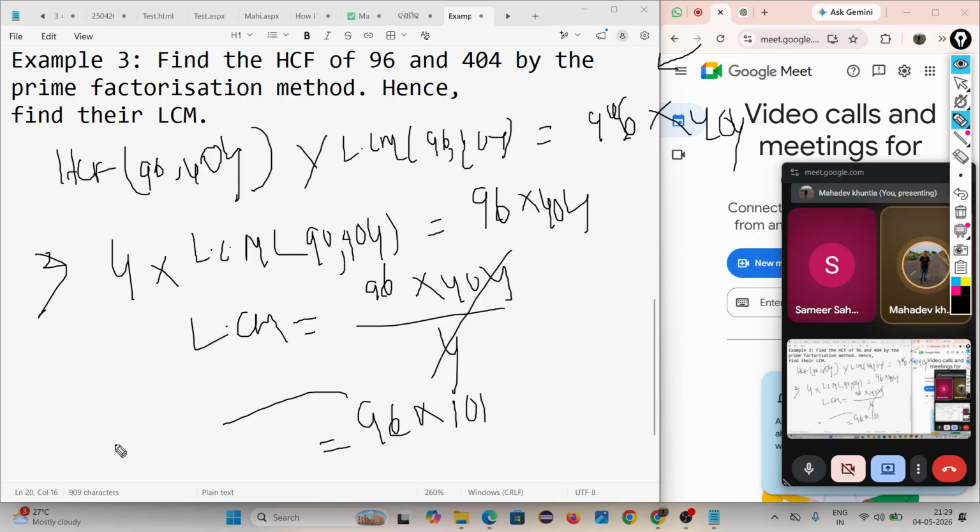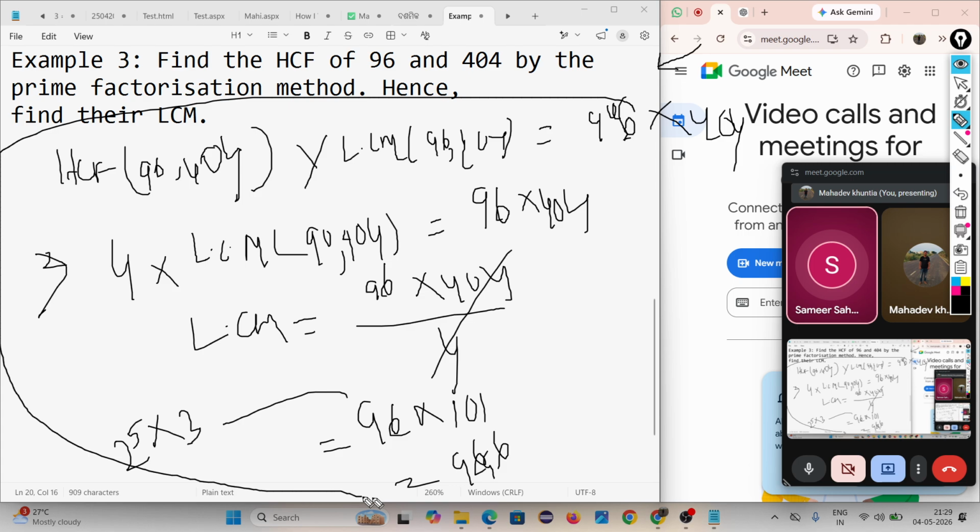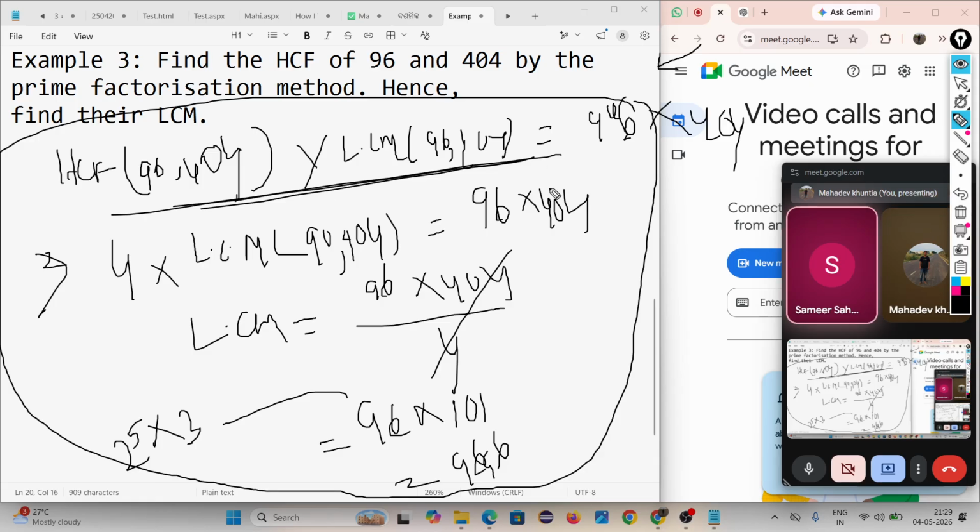Here 96 I can write as 2 raised to the power 5 into 3. The same answer will become 9696. Okay? You understand? For saving your time in exam, you can apply this method.